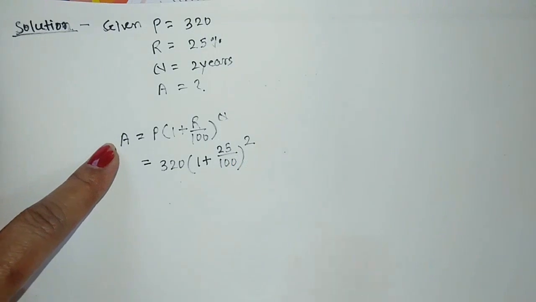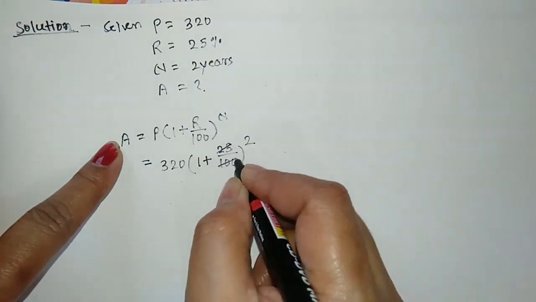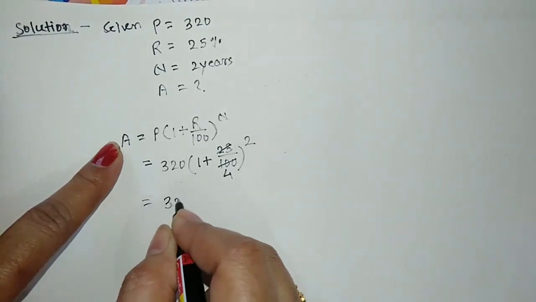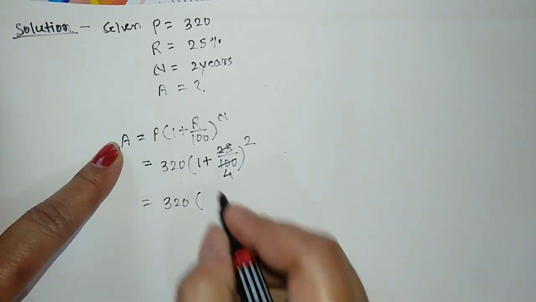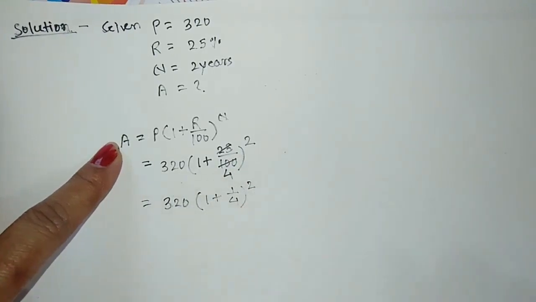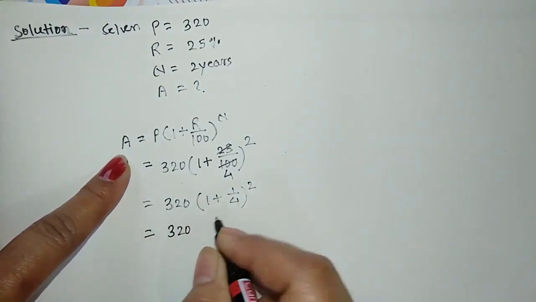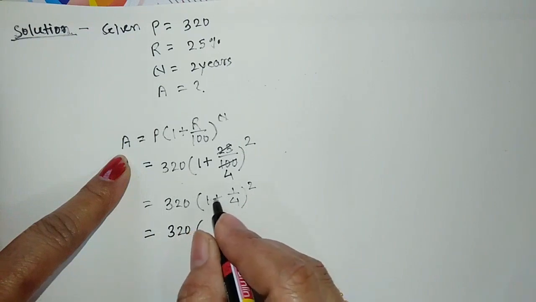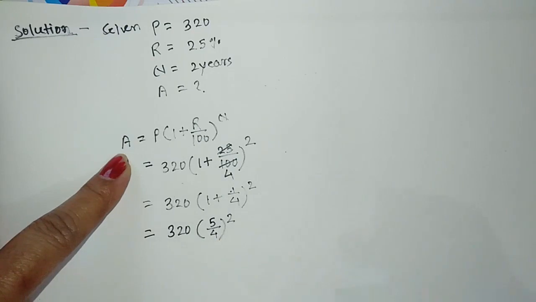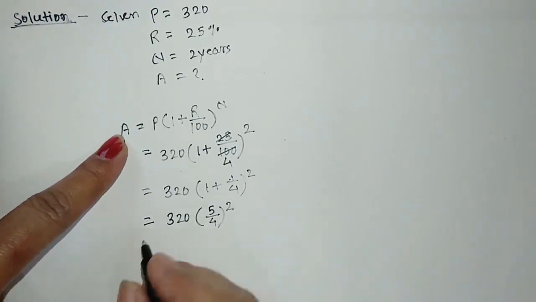So take the simplest form of 25 upon 100. It is 1 upon 4. 25 fours are 100. So 320 in the bracket 1 plus 1 upon 4 raised to 2. So 320 into, 4 ones are 4, 4 plus 1 is 5 upon 4 squared. So take the 2 times multiplication of 5 upon 4.